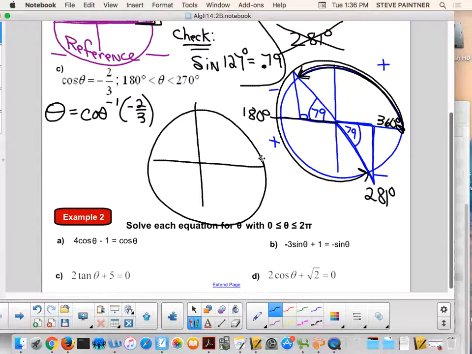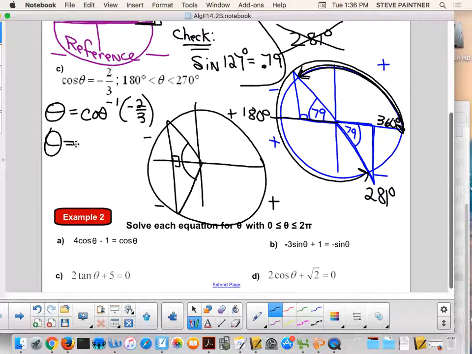Draw your circle. Cosine is positive in this quadrant. Where else is cosine positive? Fourth. So that means it's negative here and here. And what kind of ratio do you have? Negative 2/3, guys. You have a negative. Your answer is here and here. This is the same reference angle. All right, ready? Punch it in.